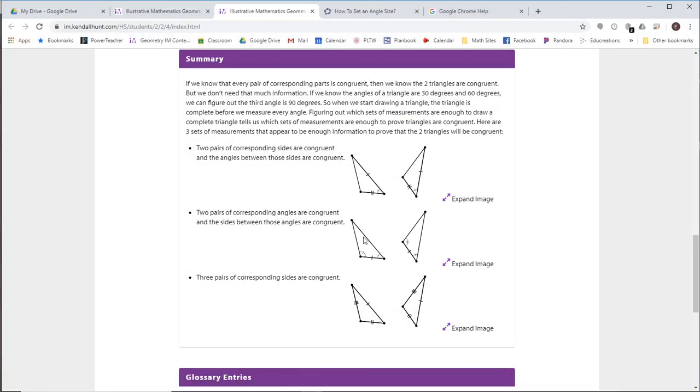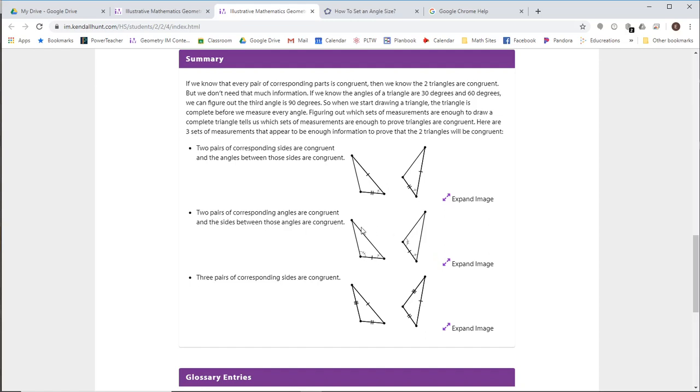The next thing we have is if we have two pairs of corresponding angles that are congruent and the side in between those angles is congruent. So we have a congruent angle, a side in between, and another angle. This is angle, side, angle information. First we had side, angle, side, then we have angle, side, angle.